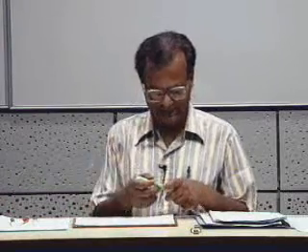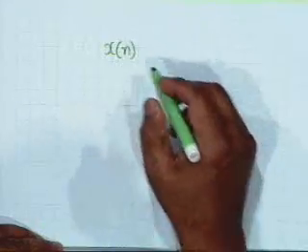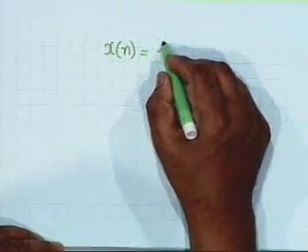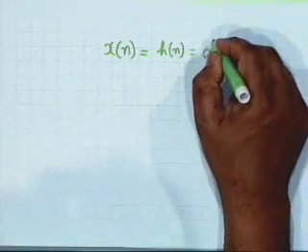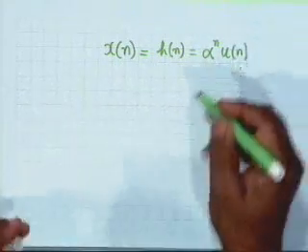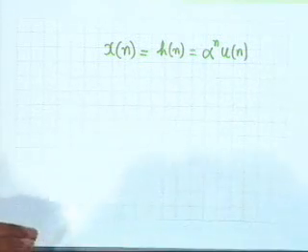Let's take another example where the visualization is neither needed nor does it make things simple. Let's consider this example. x of n equal to h of n. Both functions are equal, and this is alpha to the n u of n.